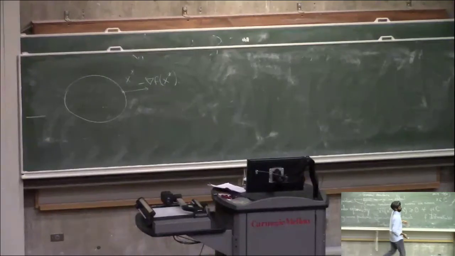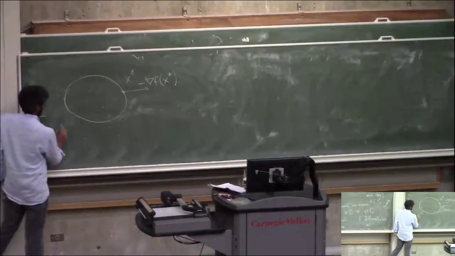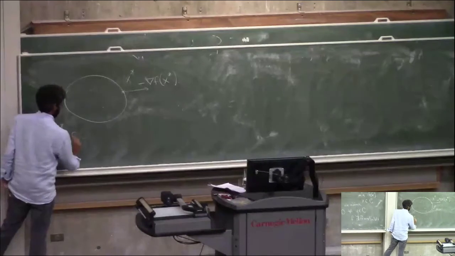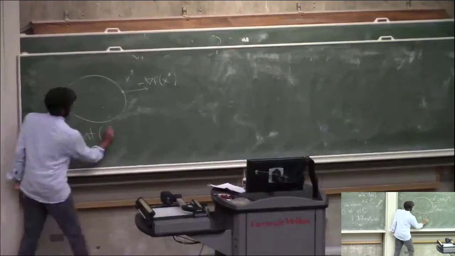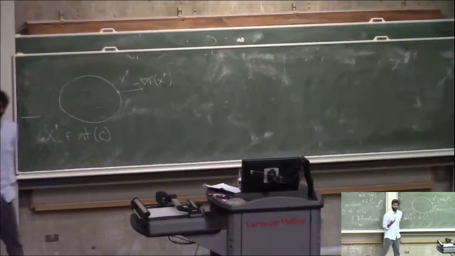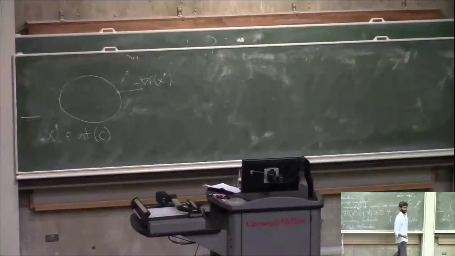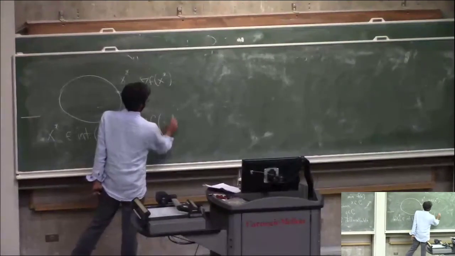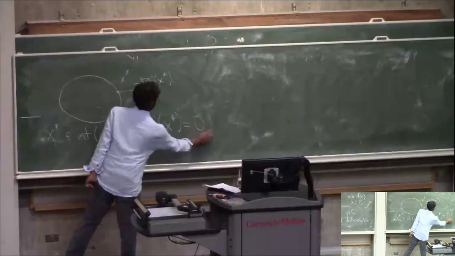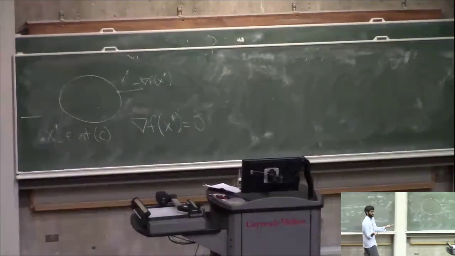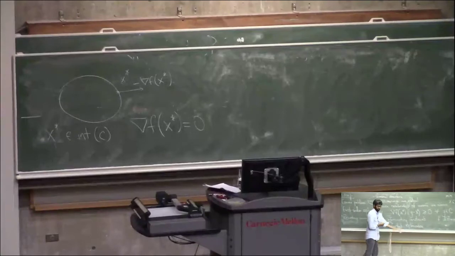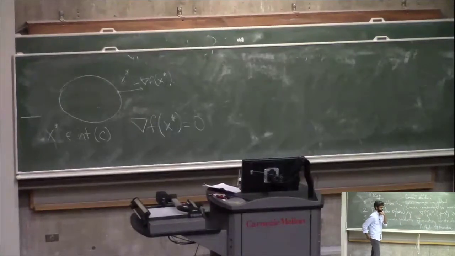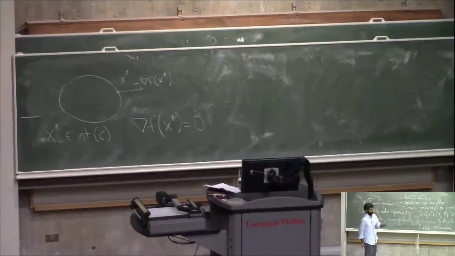So if x star happens to be in the interior, then the first order optimality condition is the same thing that you should be familiar with. It's just saying that the gradient of f at x star should be 0. Or if there are no constraints, equivalently, then you have this condition. Is everybody okay with that one?